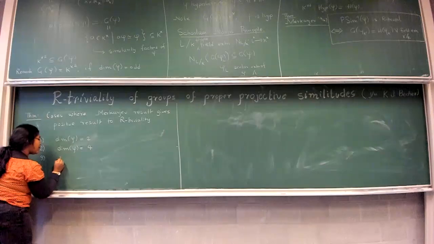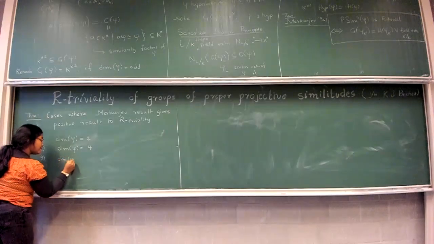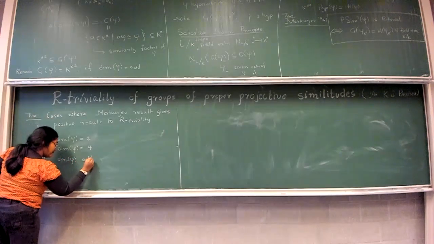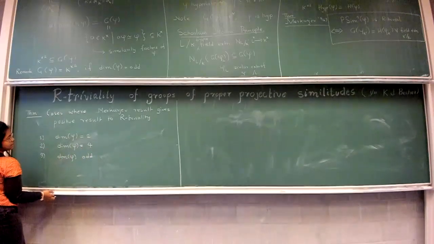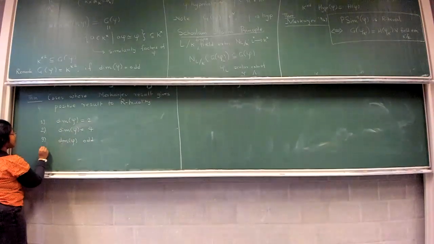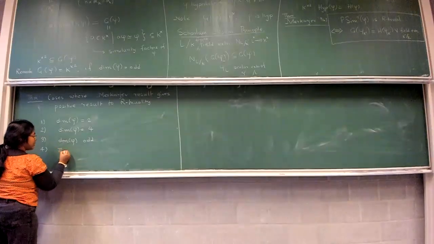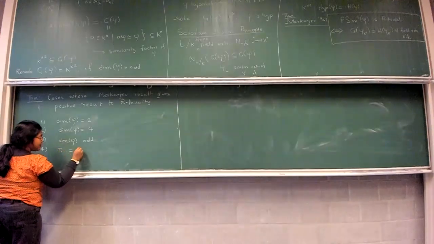So if you have odd... this is the Pfister form.